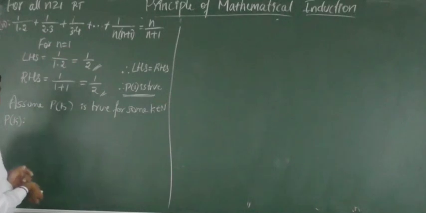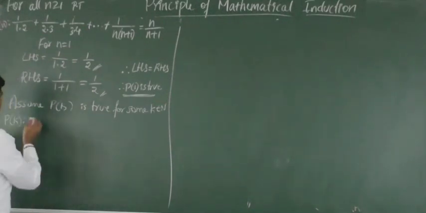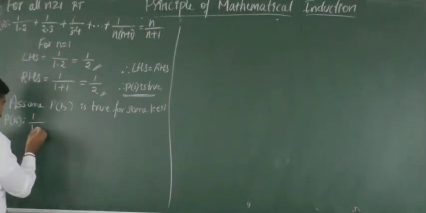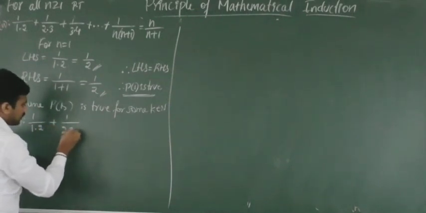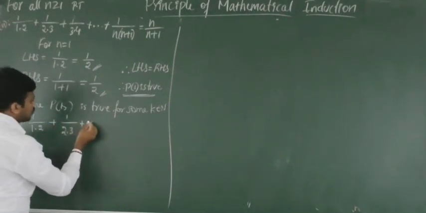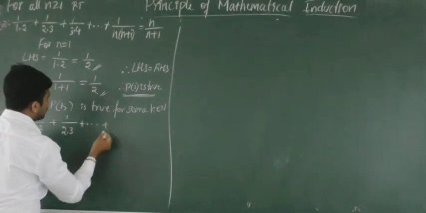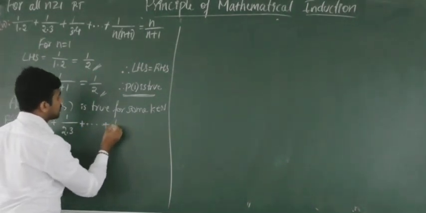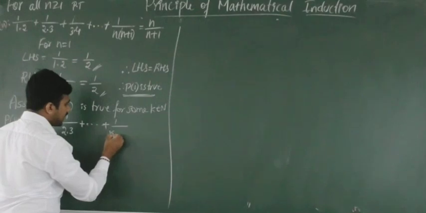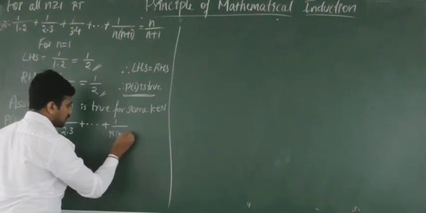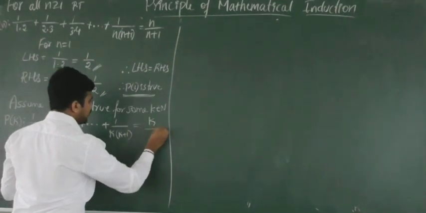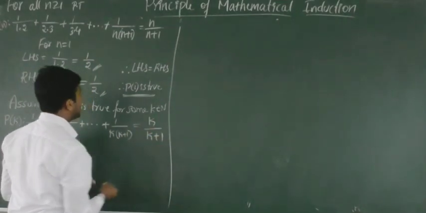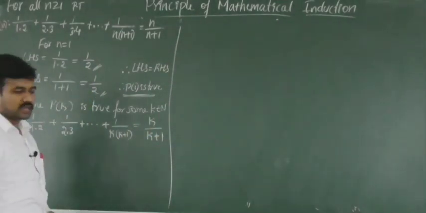So we can write P of k, that is nothing but 1 divided by 1 into 2 plus 1 divided by 2 into 3 plus so on, up to k into k plus 1, is equal to k divided by k plus 1. You can skip a term, no problem.